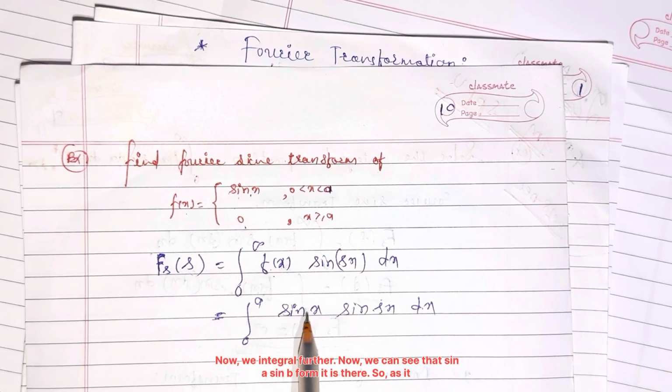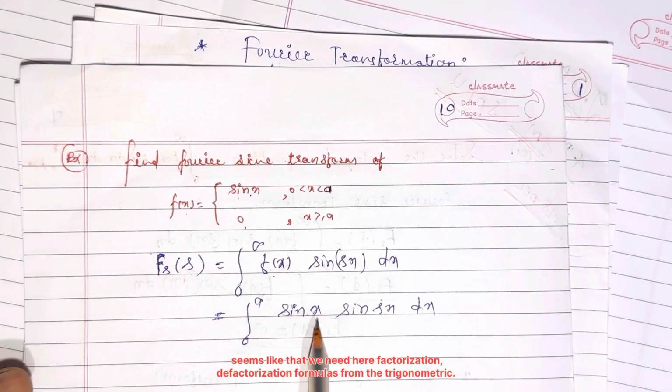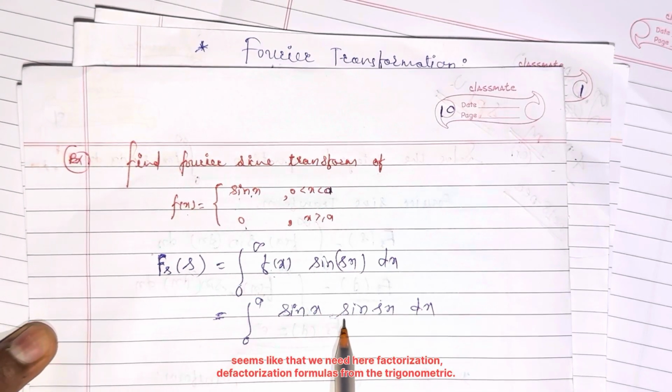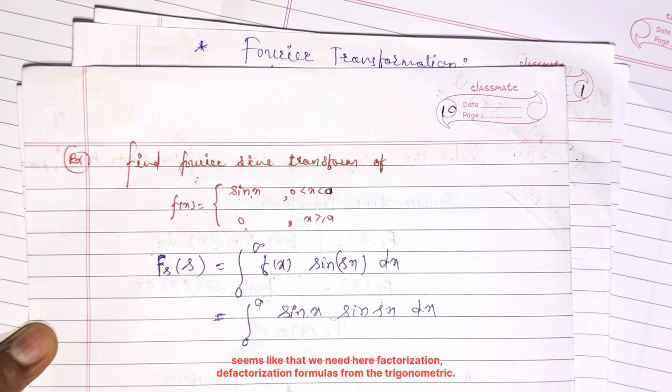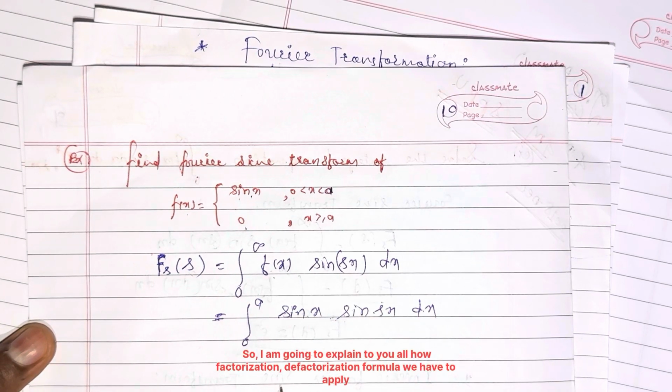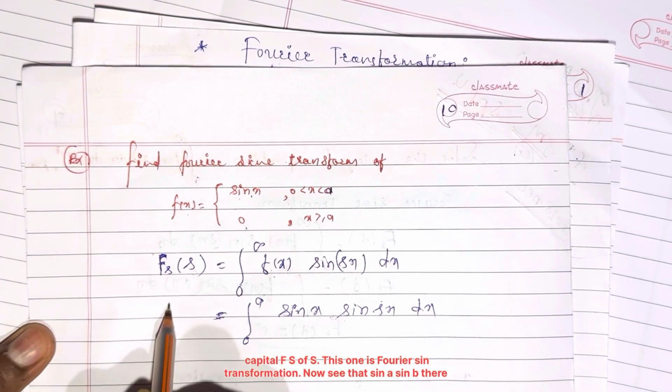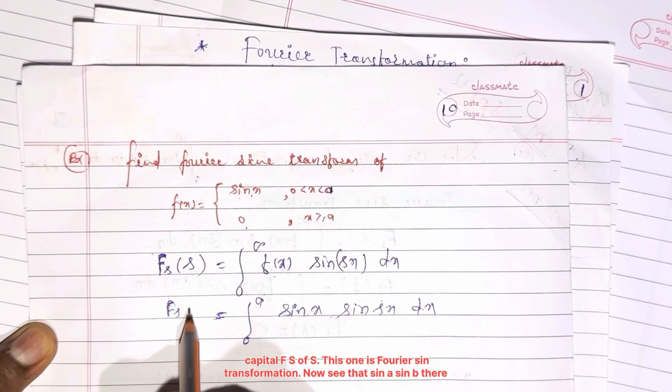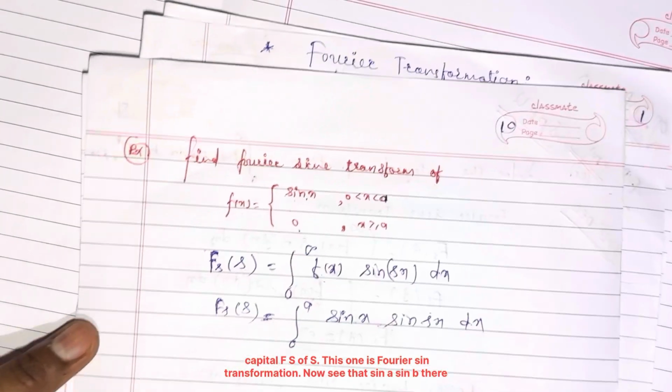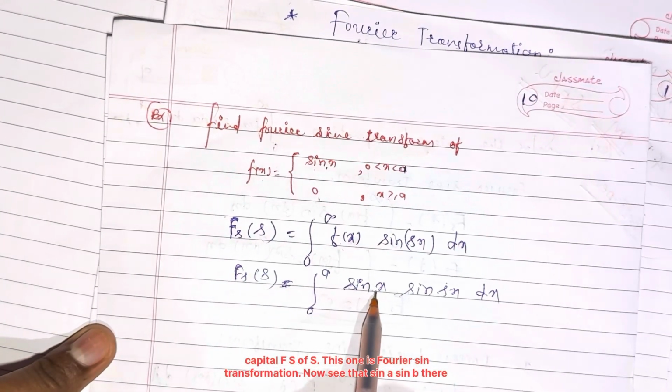Now we can see that the sine A sine B form is there, so we need the factorization and defactorization formulas from trigonometry.